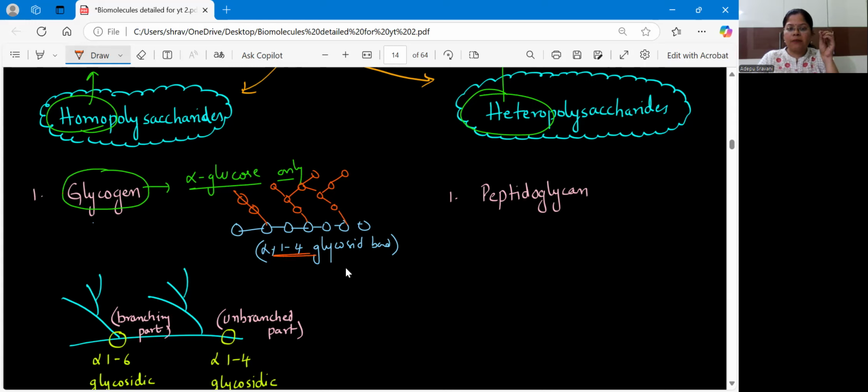And wherever these branches are arising, for example, at this point or this point, here we will have alpha 1,6 glycosidic bonds. That means the bonds will be present between the first and the sixth carbon. So this point you have to remember.